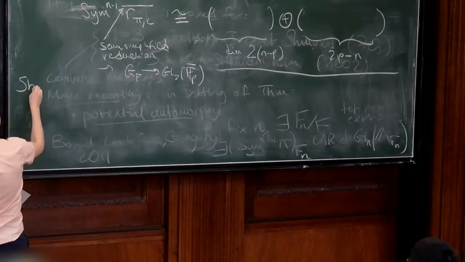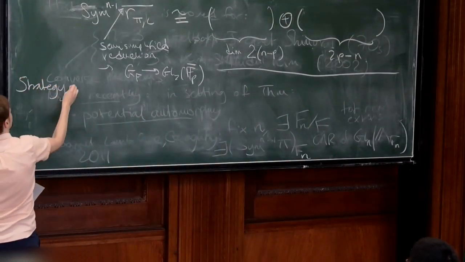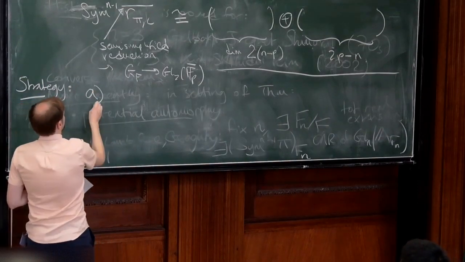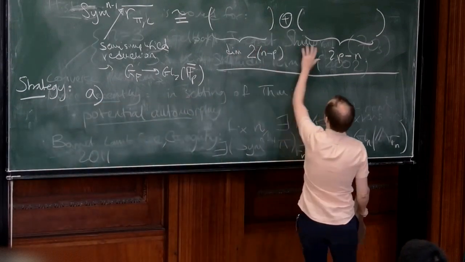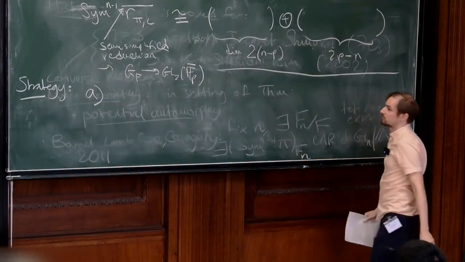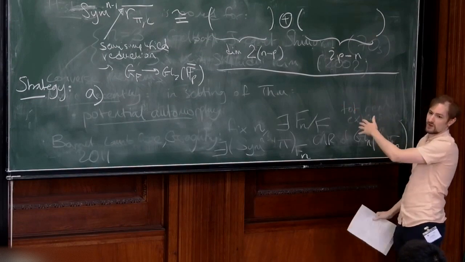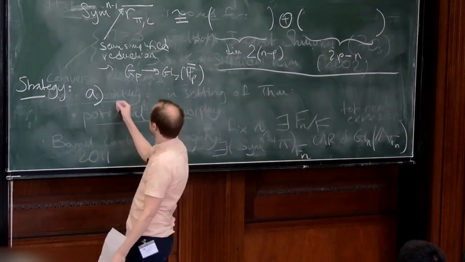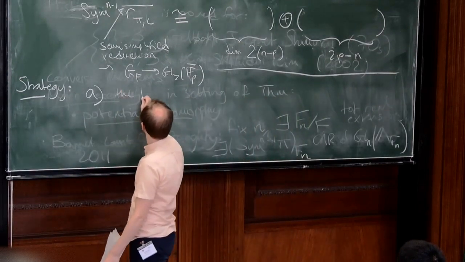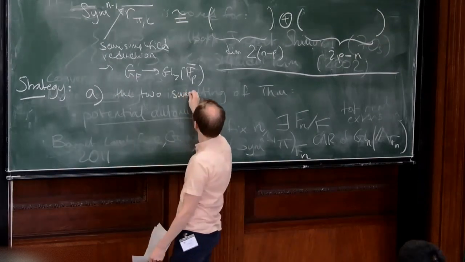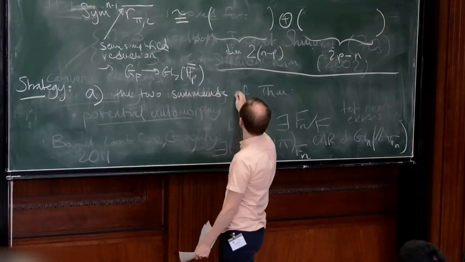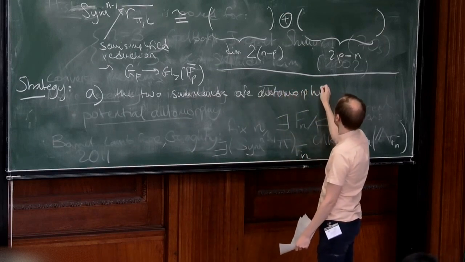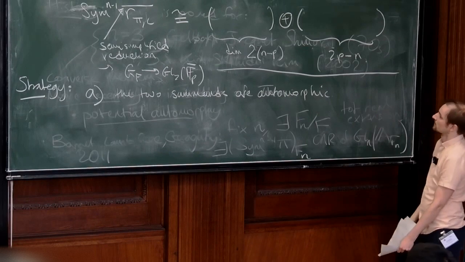Now, what is their strategy? So we've got two smaller dimensional mod p Galois representations here. The first part of the strategy is going to be to prove that those are automorphic. They arise as reductions of automorphic Galois representations.